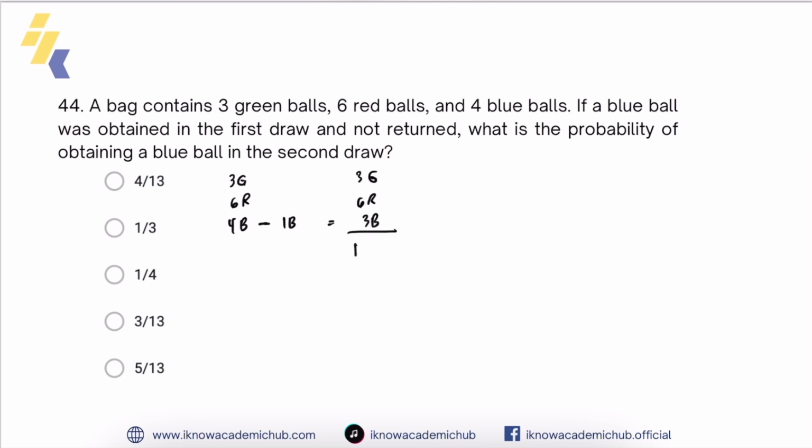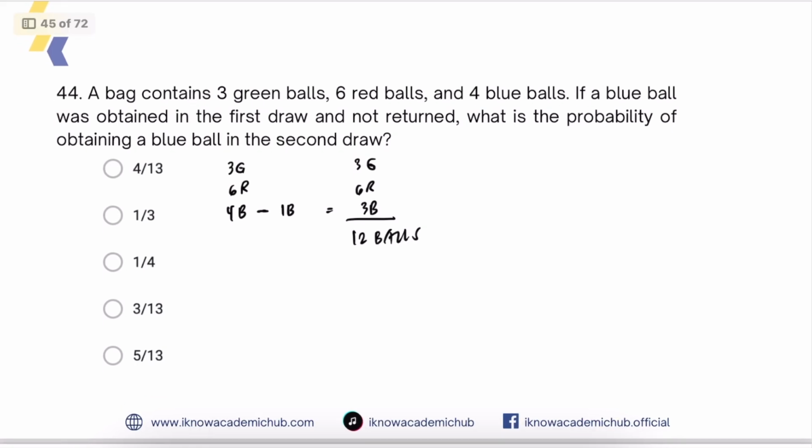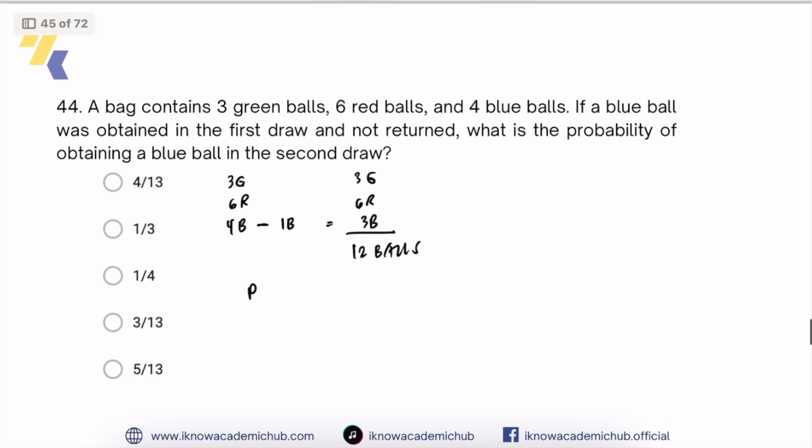That is 12 balls. And the probability of obtaining blue is equal to, we only have 3 blue balls left over the 12 balls remaining. And that is 3 over 12, or 1/4.